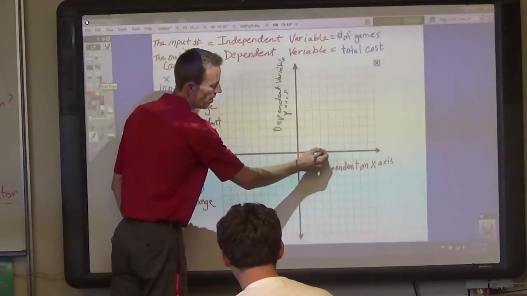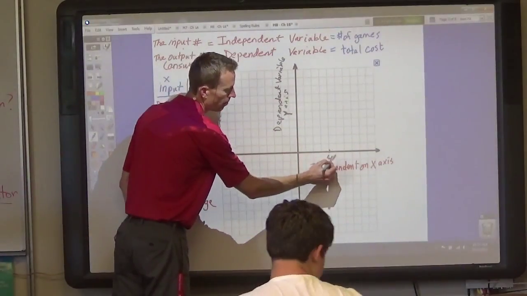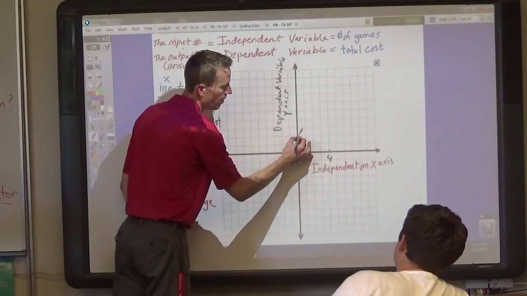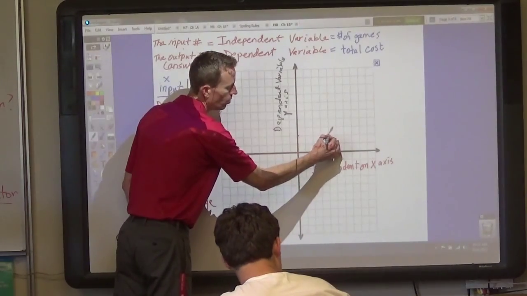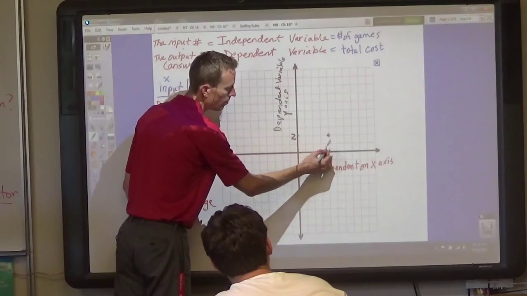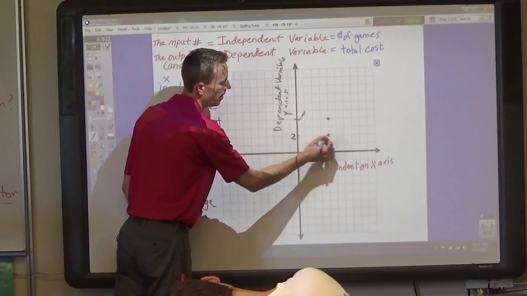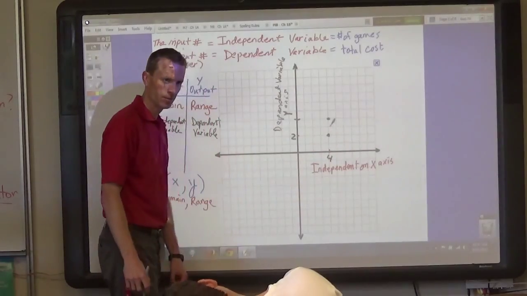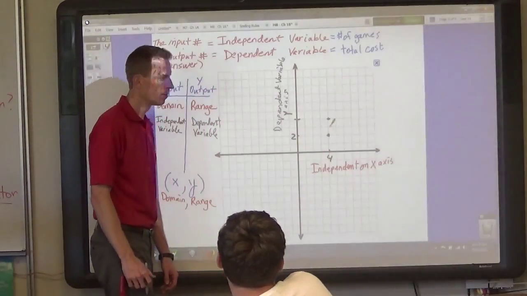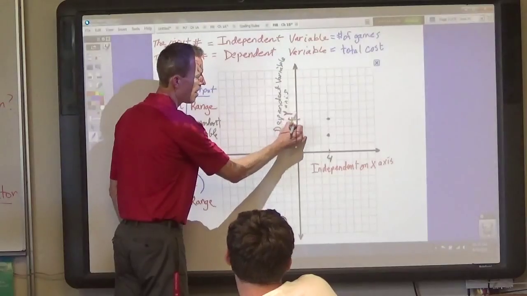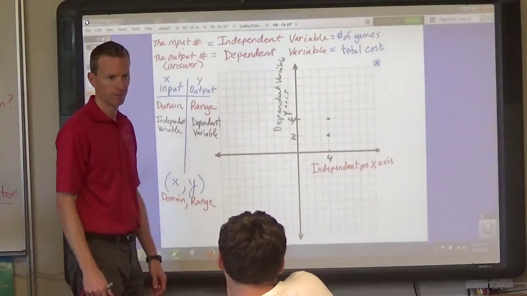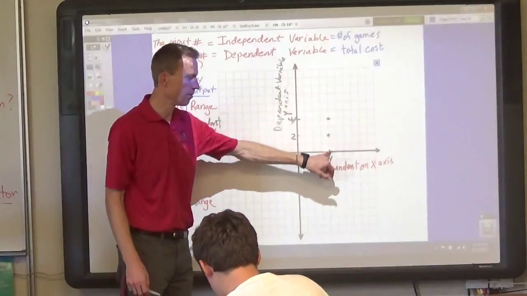If you went to a number like 4, 4 might have the number 2 and the number 4 as a data point. Okay? So in that case, it is not a function. The graph is not a function.